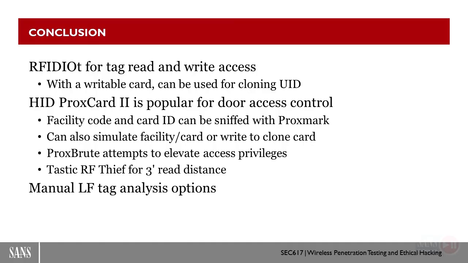We can simulate all of that data, we can clone all of that data, and we can do brute force attacks on those unique identifiers. And we can acquire that data at some significant distance by building some homebrew stuff as well.